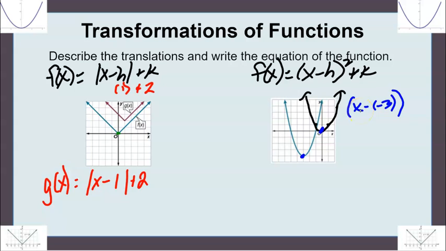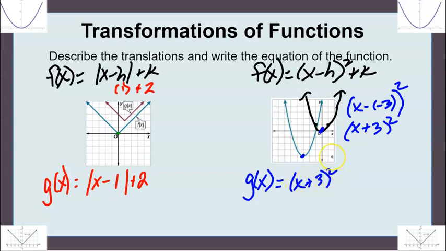Now, if I simplify it, x minus a negative 3 really means x plus 3. So right now, I'm going to have g of x equaling, parentheses, x plus 3 squared. And then it went down 1, 2, 3, 4. So that's a minus 4.